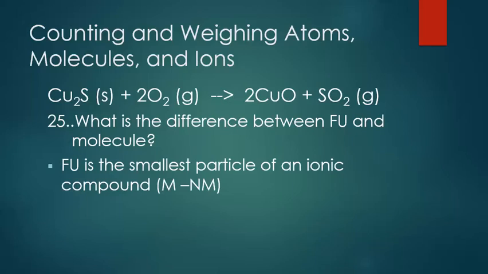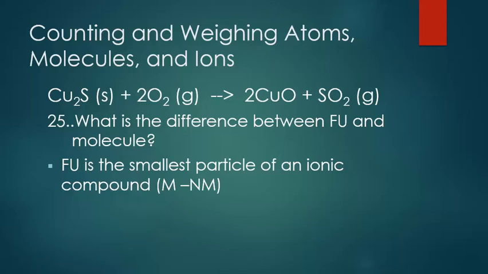And what is the difference between formula units and molecules? You see, ionic compounds are made up of metal and nonmetals. They are not molecules. Those are molecular compounds. So what do we call the smallest subunit of an ionic compound?